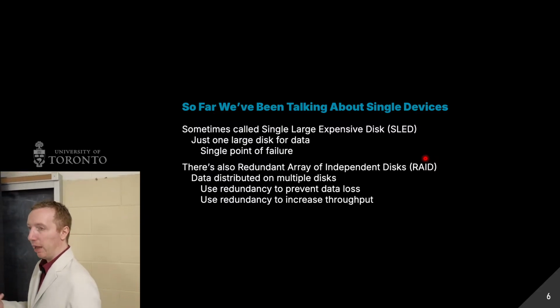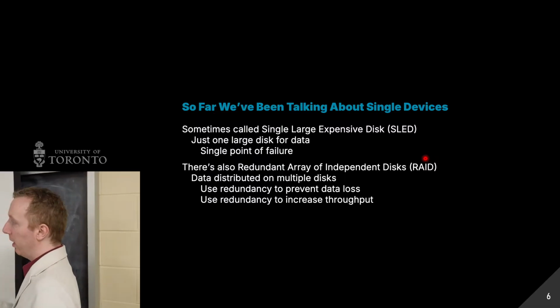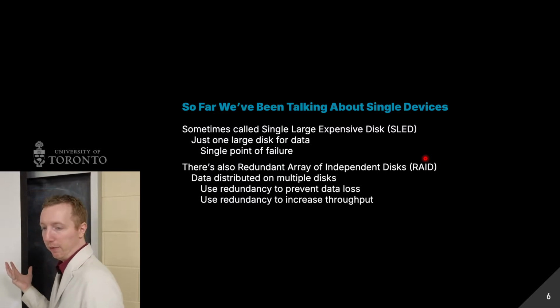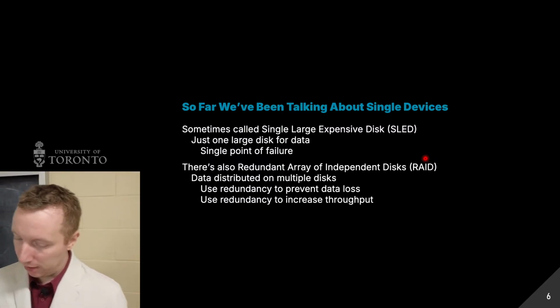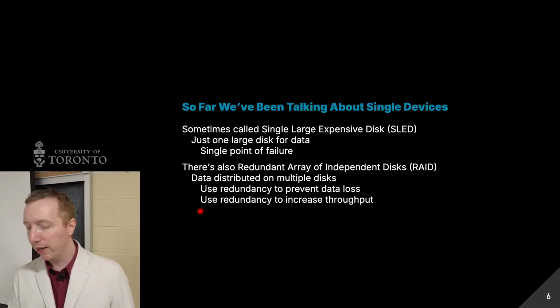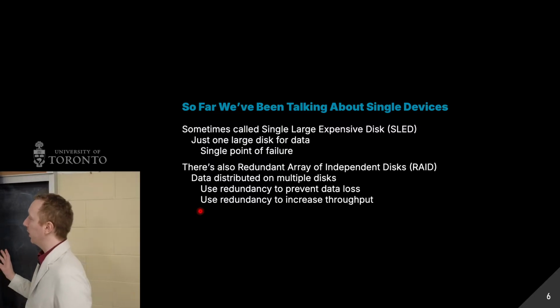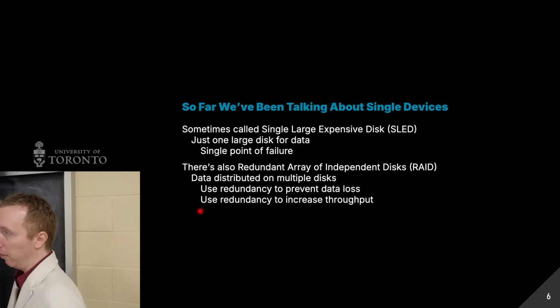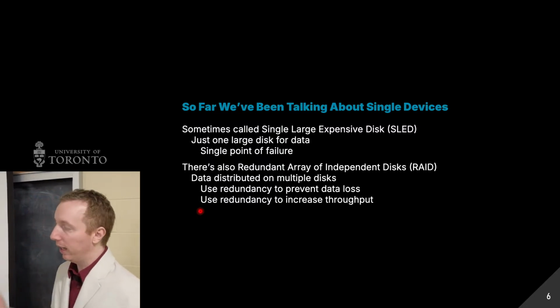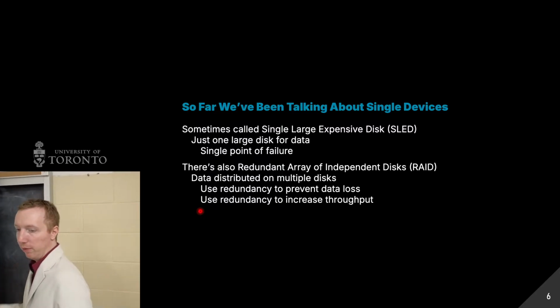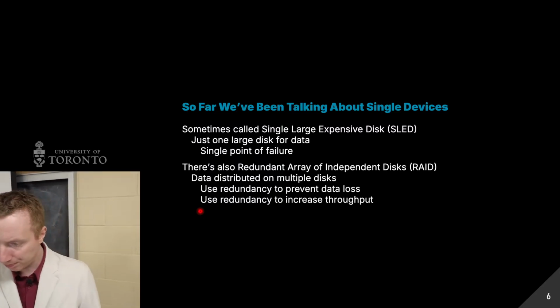If I have 2 copies of the data and one dies, it's fine, I don't have to cry. The other case is that I can use multiple disks to increase throughput. Like the idea of threads, I can spread my work across multiple devices to go faster.